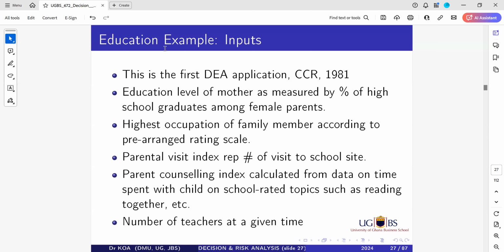A typical example of an educational system, the inputs and outputs, these are what you see here. This, by the way, was the first application of DEA. This paper. This is the first application of DEA. And Emily, this was the one that Charnes and Dyson used to do their Program Follow Through. You remember that paper?